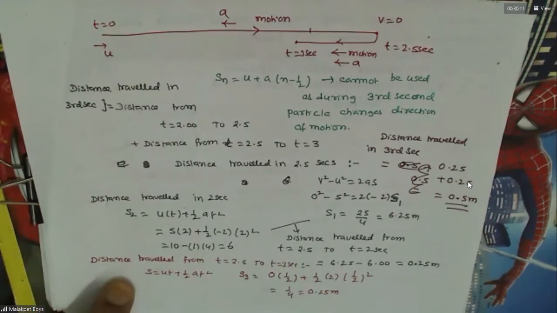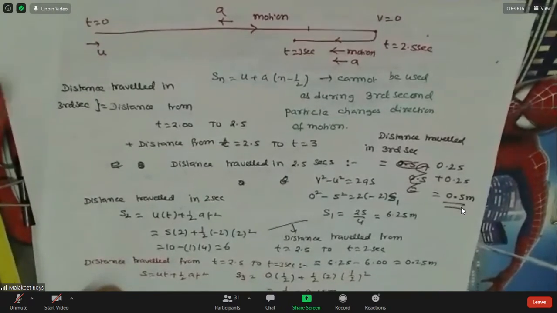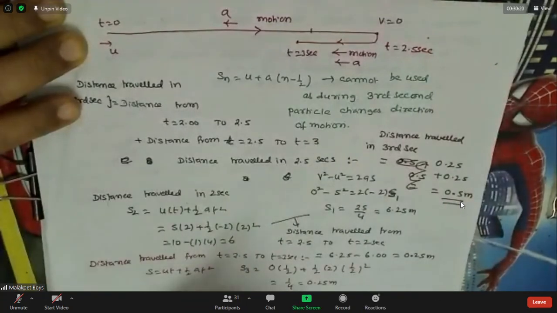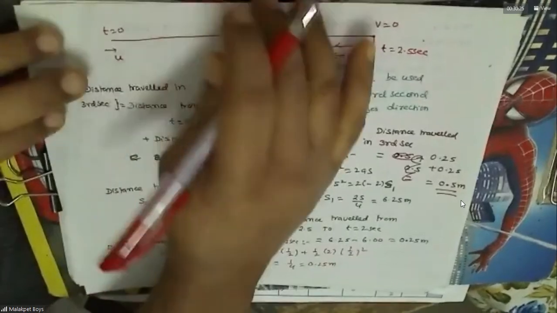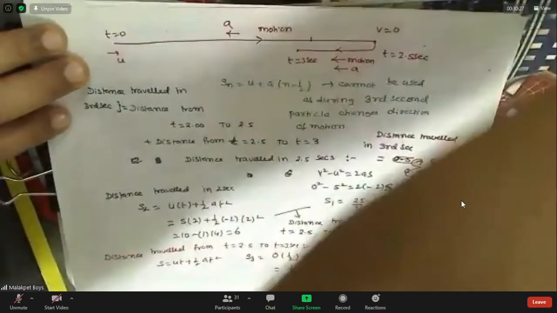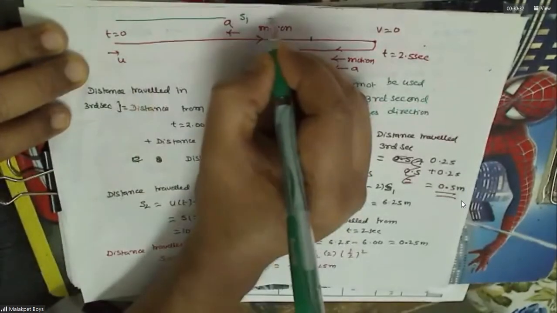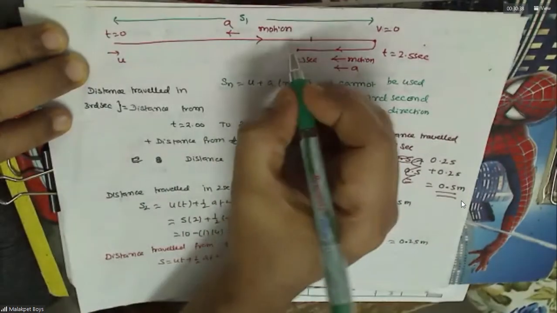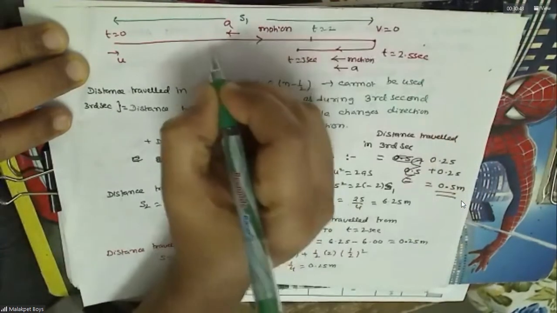Distance traveled from 2.5 to 3 seconds. Why are you taking 6.25 minus 6, sir? Because see, from here to here, you got this distance. You got S1 as from 0 to 2.5. And what is S2? Up to 2 seconds, this is S2.